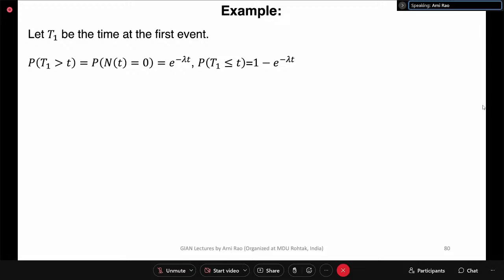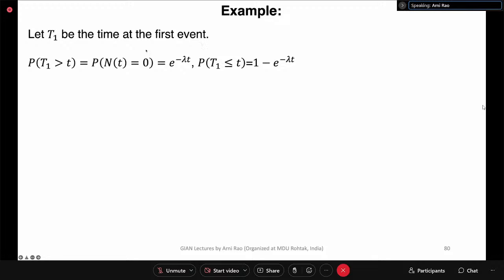So T1 greater than t means the first event occurred beyond t. The first event of interest occurred beyond t. T1 be the time at the first event. That means the first sixer occurred, say, in the 15th over.